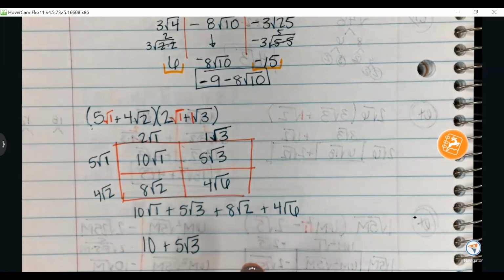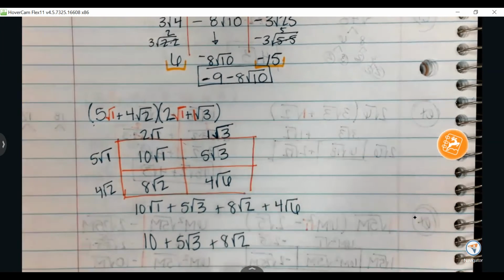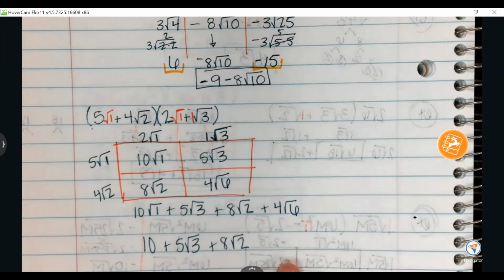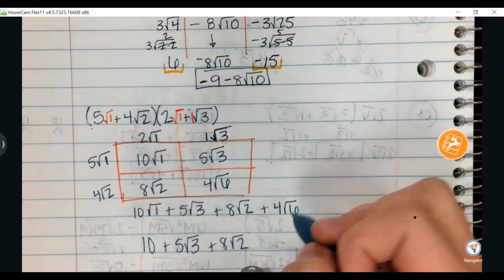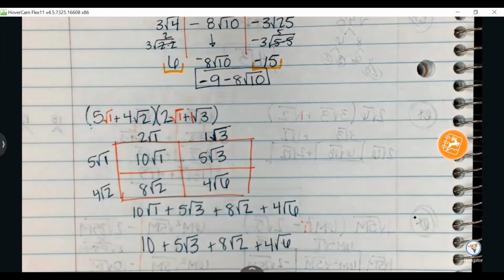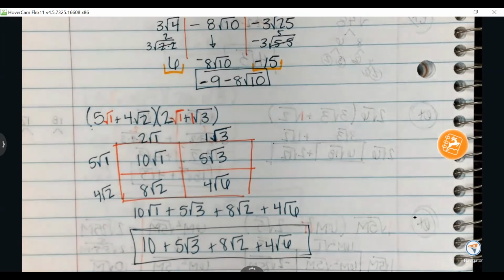Can 2 break down? Nope, so it's going to stay 8 square roots of 2. Can 6 break down? It can. It can break down to 3 and 2, but can we circle anything out? So it just stays the same. So did this answer have anything to combine? No. So what is your answer? This long answer. Okay. Questions.